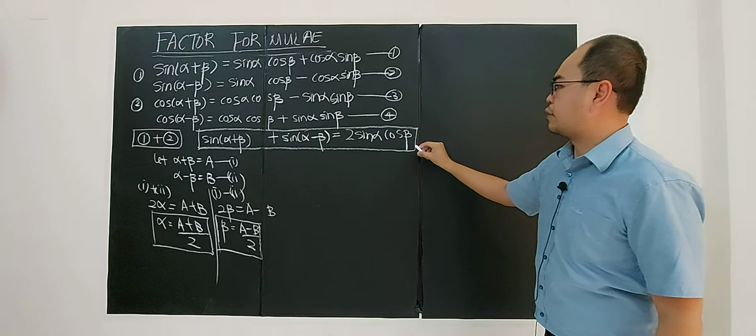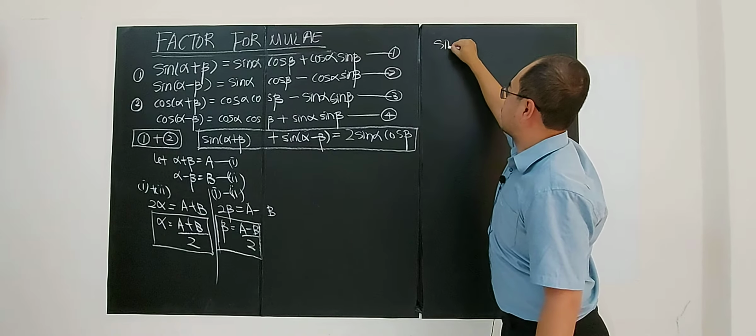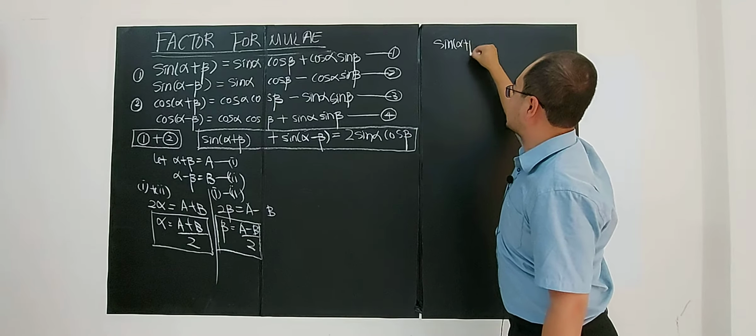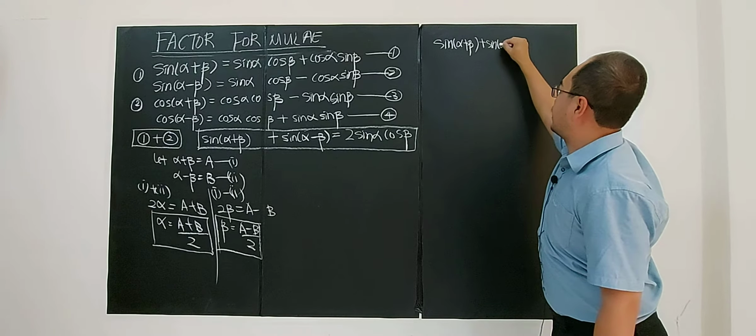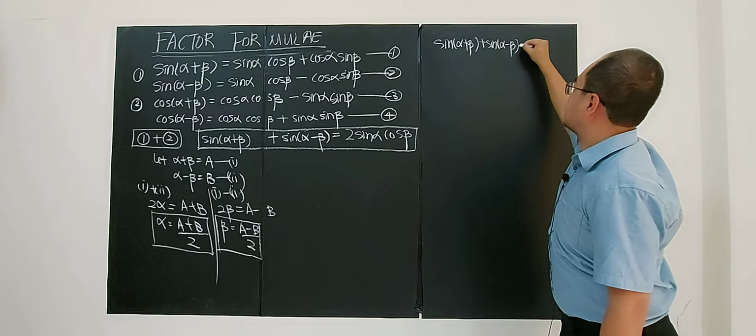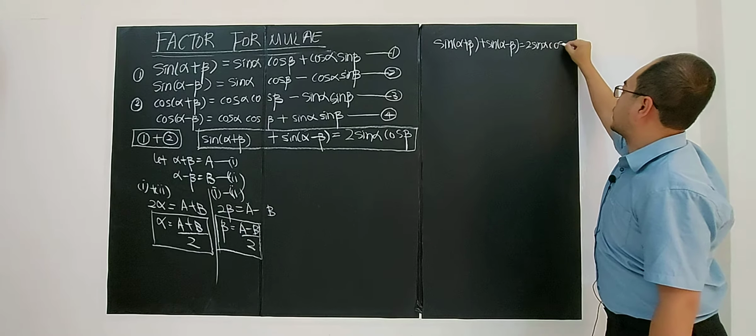So I can rewrite this whole thing. The first one will be sine(alpha plus beta) plus sine(alpha minus beta), which equals 2 sine alpha cos beta.